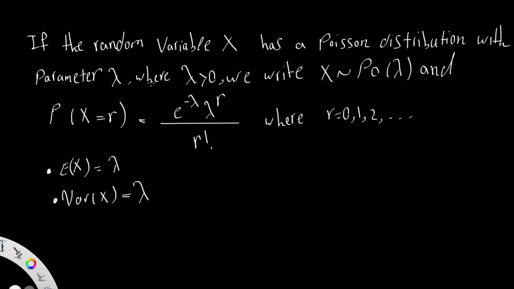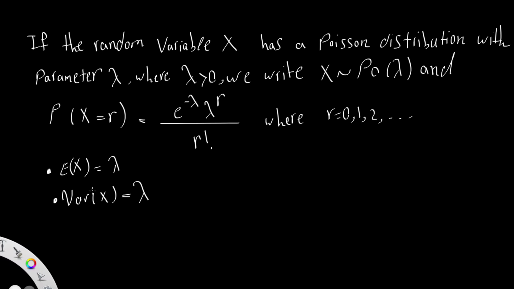If the random variable X has a Poisson distribution with parameter lambda, where lambda is greater than 0, we write X follows a Poisson distribution with lambda as parameter. And the probability that X is equal to r is e to the power of minus lambda, lambda to the power of r over r factorial, where r can take the values 0, 1, 2, up to infinity.